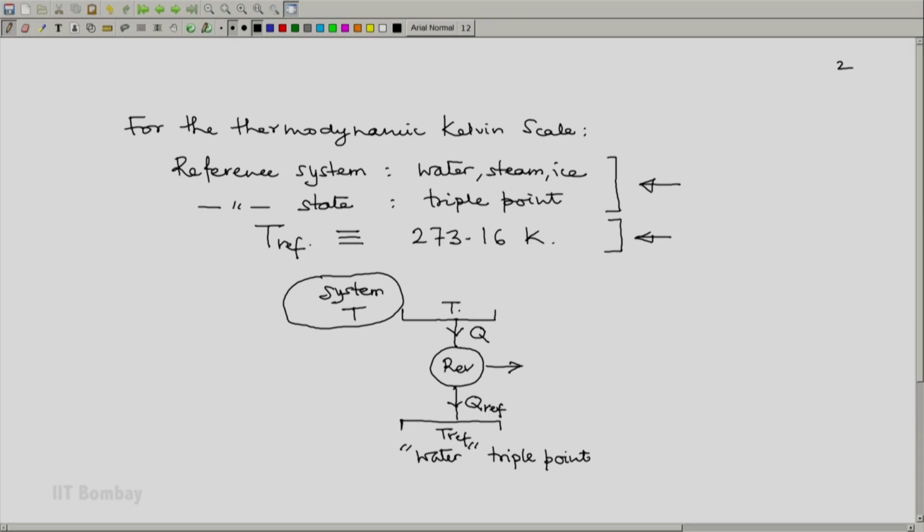And since we have defined T ref, T is calculated from the formula T by T ref is Q by Q ref, and we will be conscious of the fact that this is reversible. We will be using this capital R symbol almost everywhere to indicate that what we mean is a reversible process or a reversible cycle or thermodynamic reversibility wherever involved.